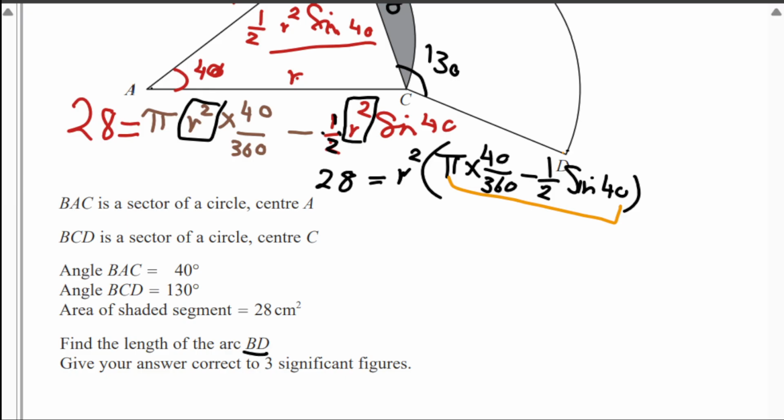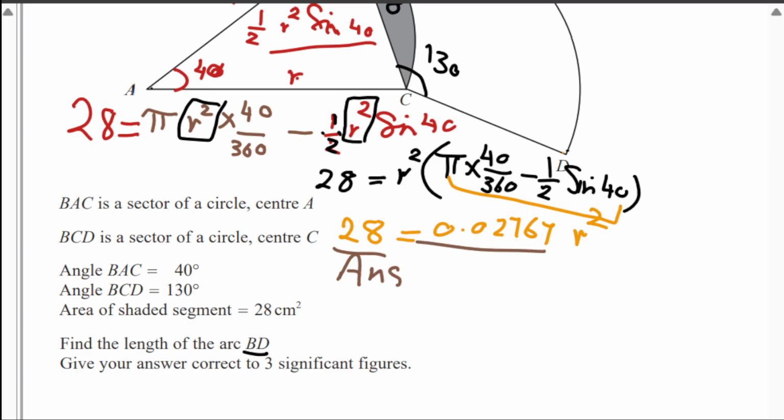All this gave me a very strange number. It's 0.0276, which I don't even need. Whatever that number is, I'll just do 28 equals this number, 0.02767 r squared, right? I will just divide 28 by answer, which will cancel this, because this is the same thing.